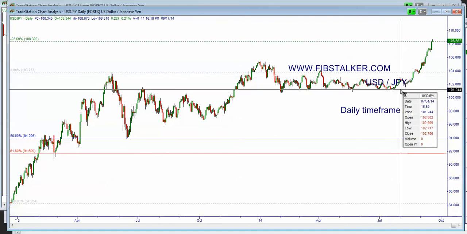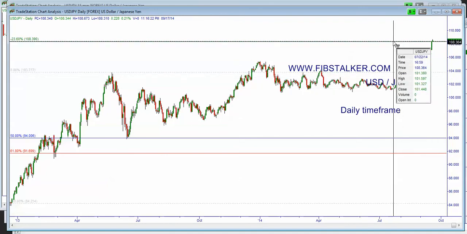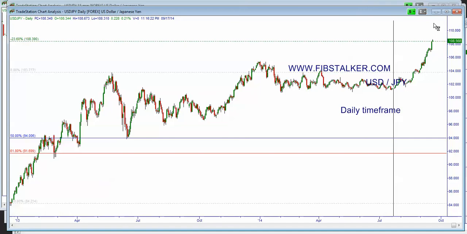So exactly here that we will get to 108.39 and to the 115 area, which is the second target of this large measure move. So that's where we can get in this market.